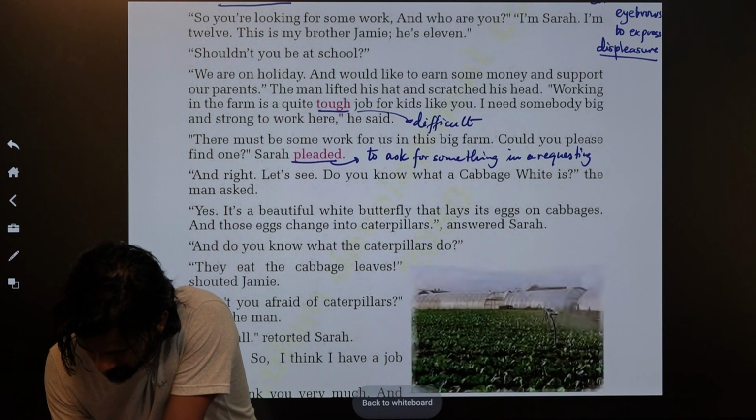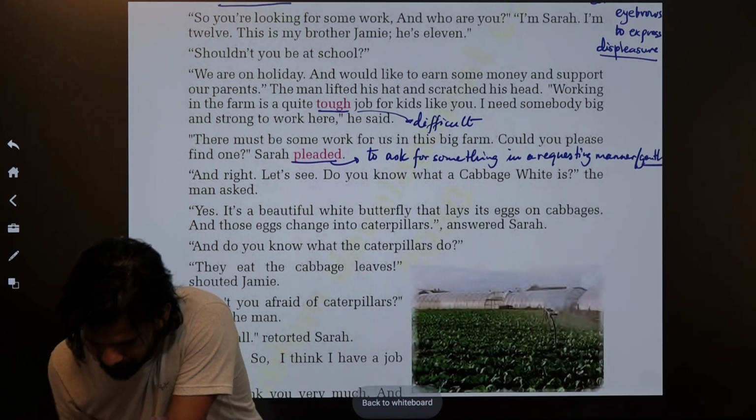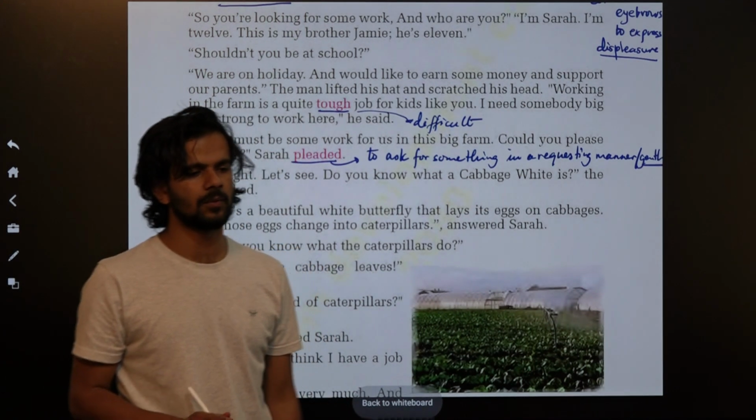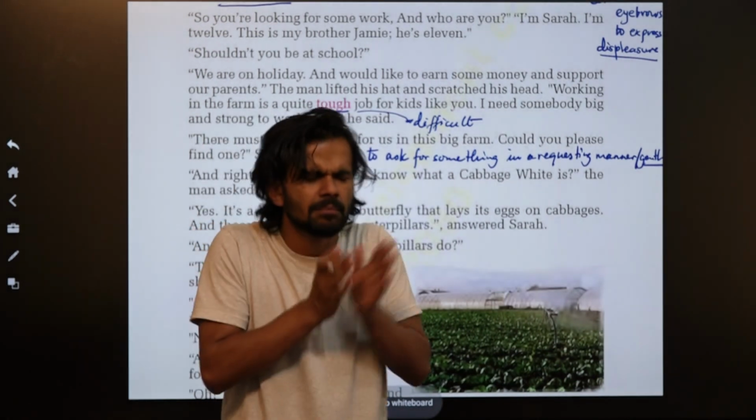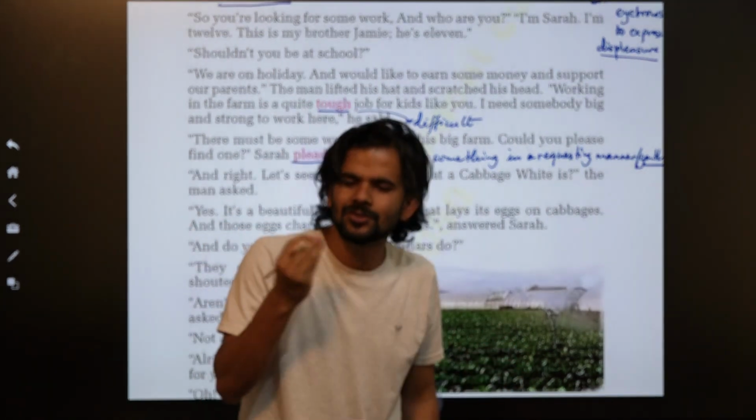It's gentle, right? When you ask for something in a very gentle way, that means you plead: please, please, please, find us something to do.